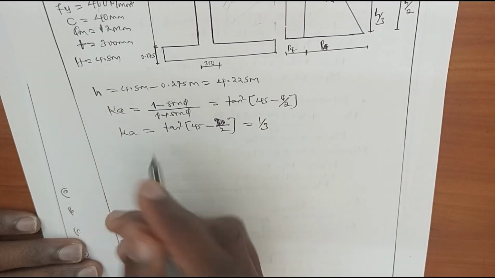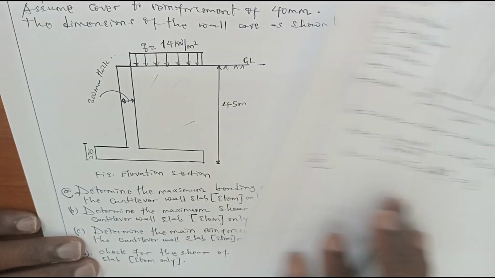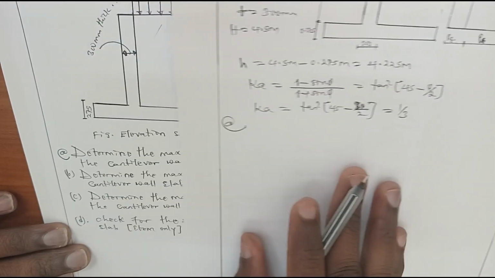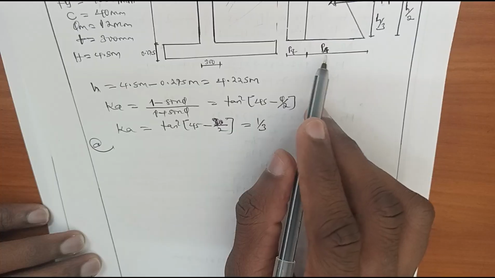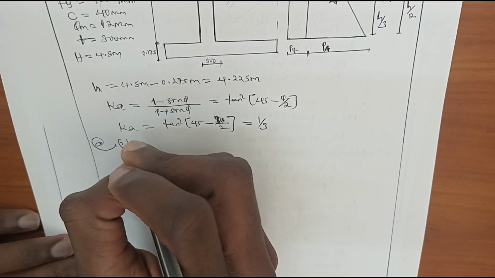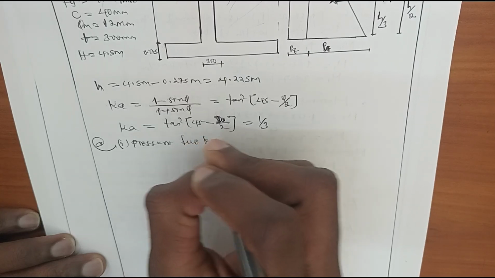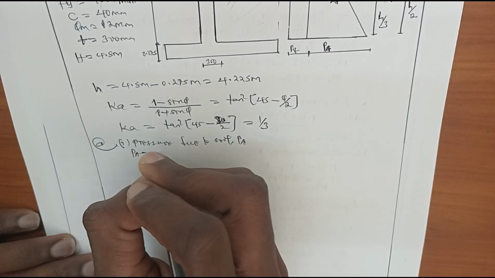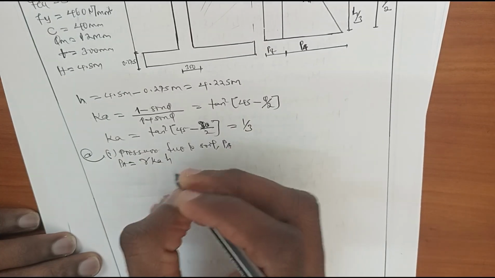After determining the value of the coefficient of active pressure, the first question we were required to determine is the maximum bending moment of the cantilever. Before that, let's start with determining the pressure due to soil. This is the active pressure. This active pressure is obtained by taking the unit weight of soil times the coefficient of active pressure times the height of the stem.